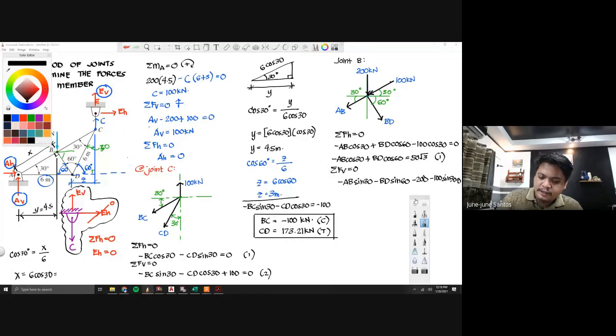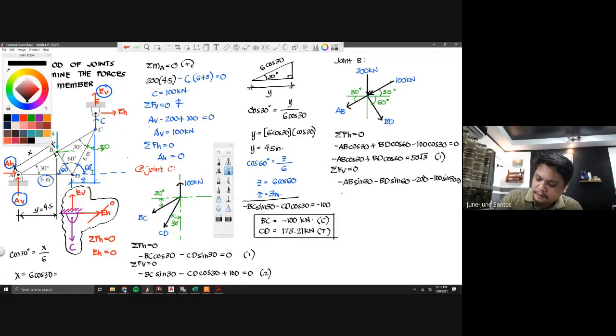So rearranging, okay? So you have it negative AB sine of 30 minus BD sine of 60 equal to, ilipat ko lahat sa kabila, 200 plus 100 sine of 30. So that is around 250. You have now equation 2.